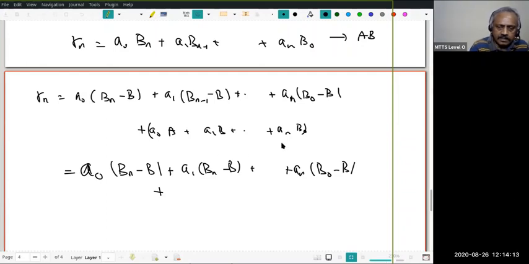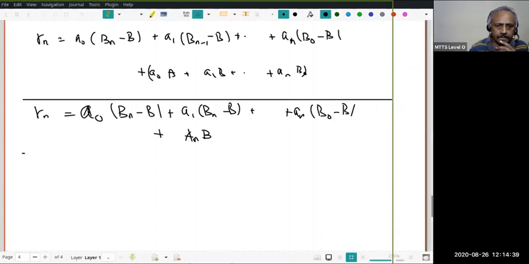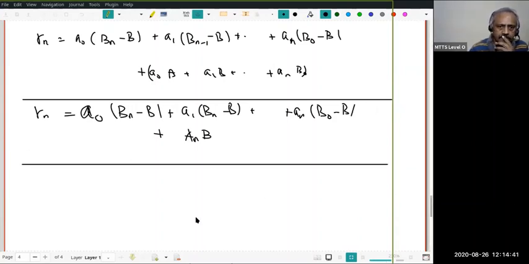The last extra terms are A naught plus A1 plus up to An times B, but that is nothing other than An times B. Okay, do you understand this? So this is what I will check. Gamma n equal to this. Do all of you understand this? This is going to be very crucial for us. Yeah, this is not absolute value, this is modulus.